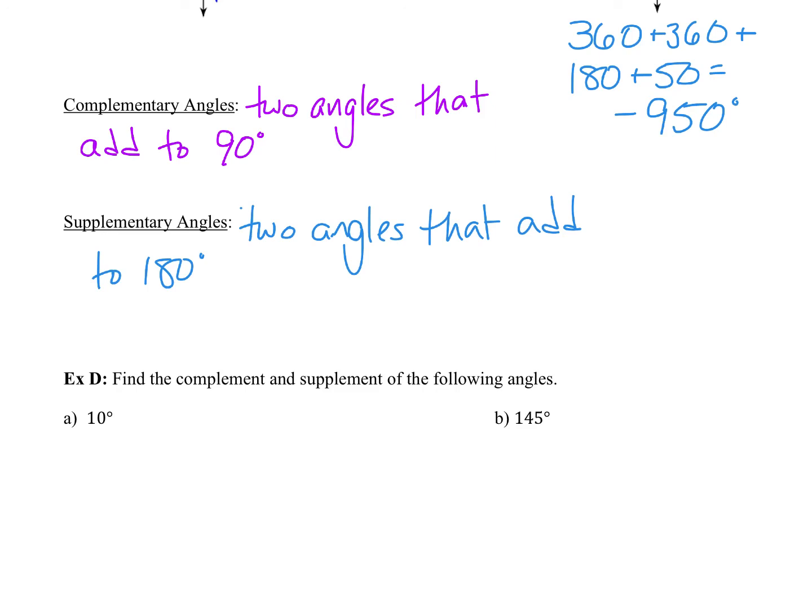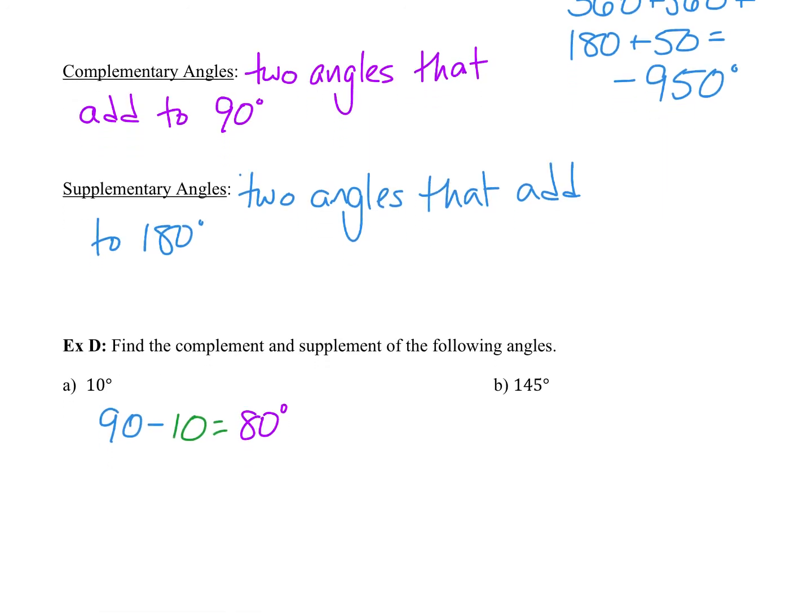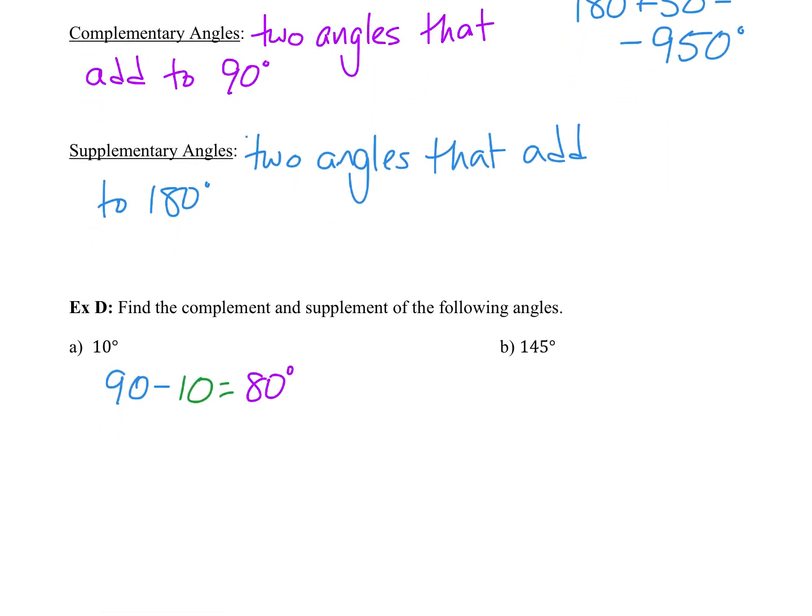So for 10 degrees here, to find the complement, you're just going to do 90 minus the 10 degrees. You're going to be like, sweet, my complement's 80. And then you can do the same thing to find the supplement, but use 180.